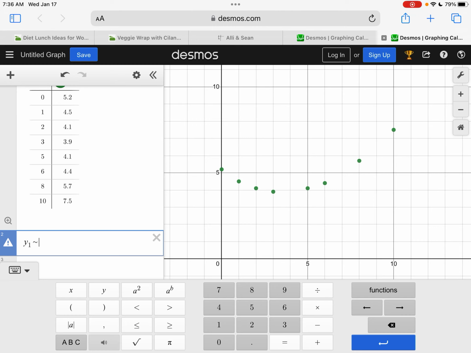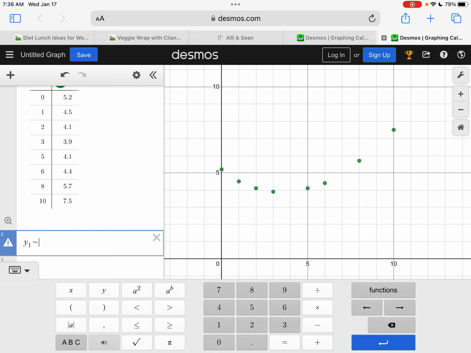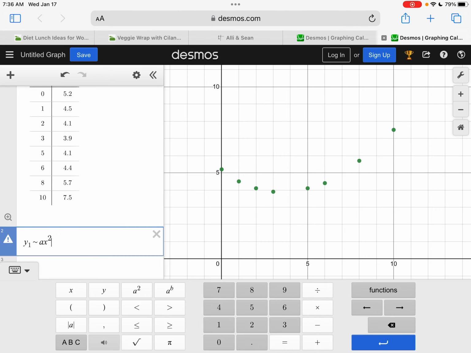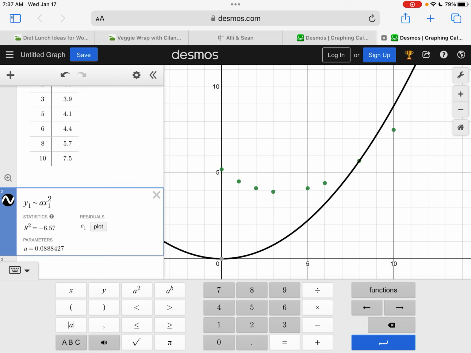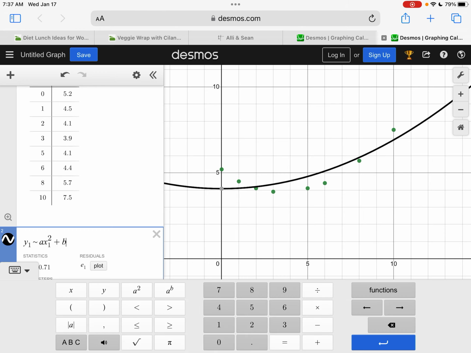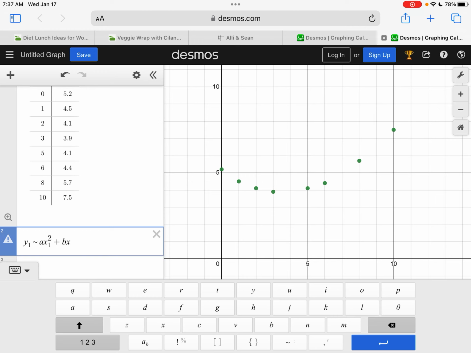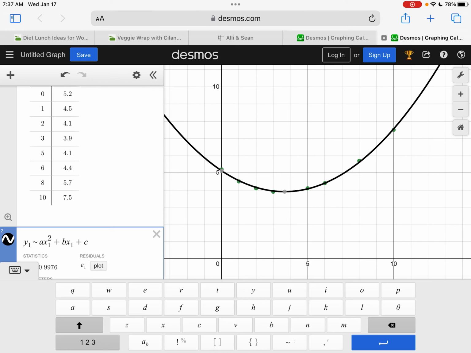So I'm going to go ahead and type in the standard form for a quadratic. So we have x squared, oops, I need to actually do x1, x1 squared, okay, plus b x1 plus c.